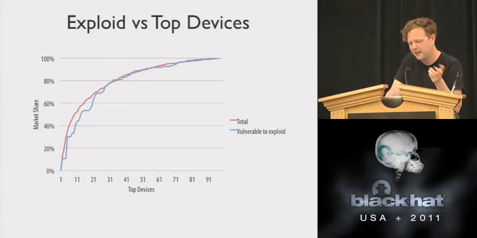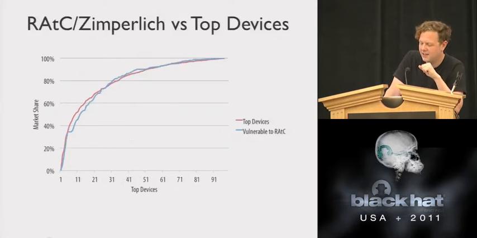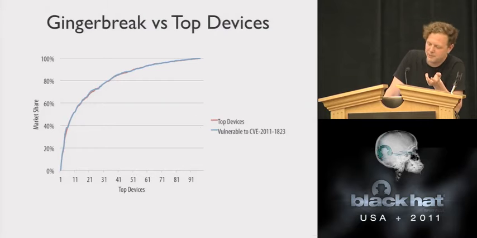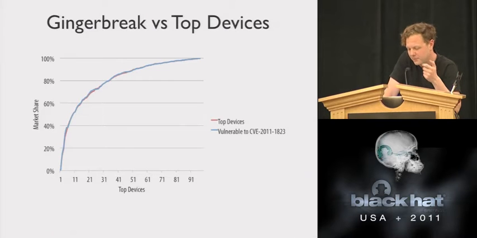But then if we look at exploit, it starts to track in a lot closer. And if we look at Rage Against the Cage and Zimperlich versus the top devices on the market, we see that it's tracking in very closely. Looking at the number of devices that have been patched against the HMM vuln, it's tracking even closer. And Gingerbreak, being a new thing, is pretty much tracking right along the line.